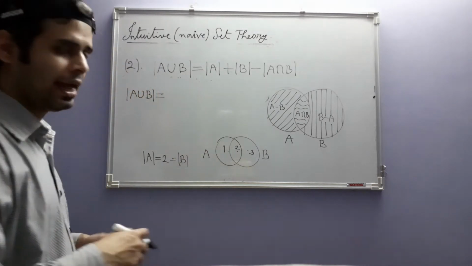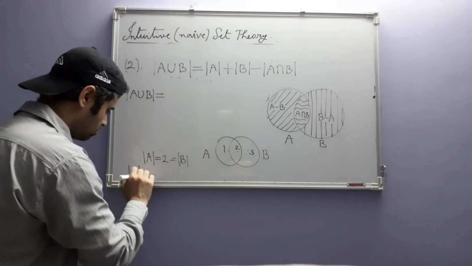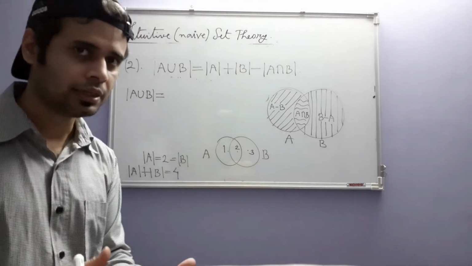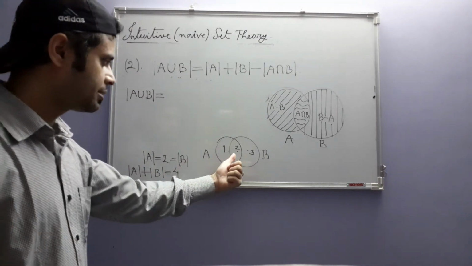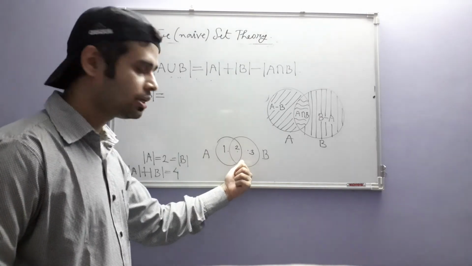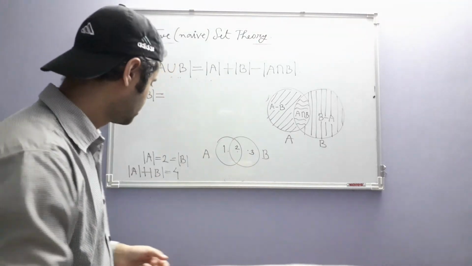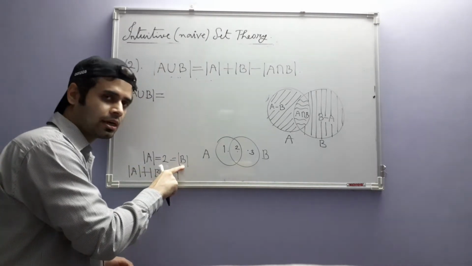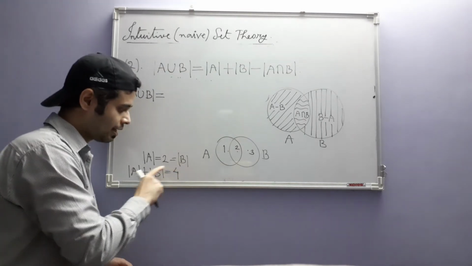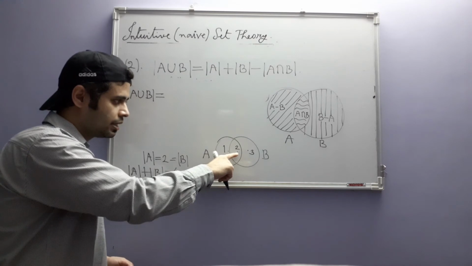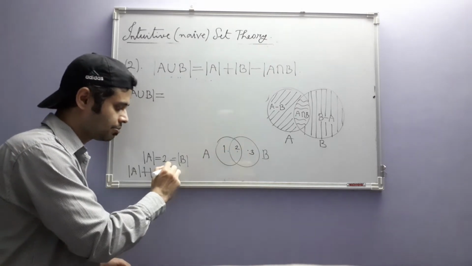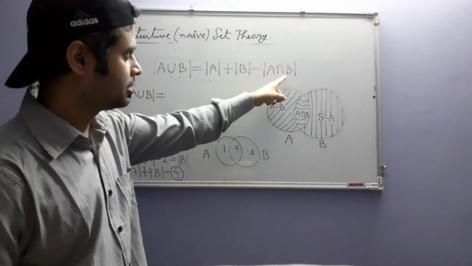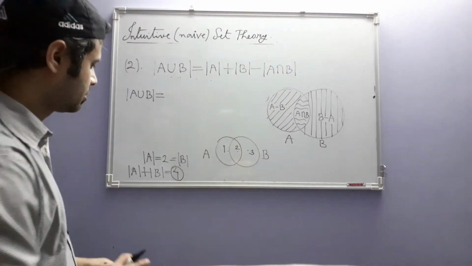Now if we simply add them up, I get 4, but A union B has 3 elements, and this extra 1 is coming because I have counted the element 2 twice. Once in counting cardinality of A and once in counting cardinality of B. So that means I have accounted for a single element more than once. So that's why I am getting this wrong figure, I have to subtract something, and that something is this. How, that we will see.